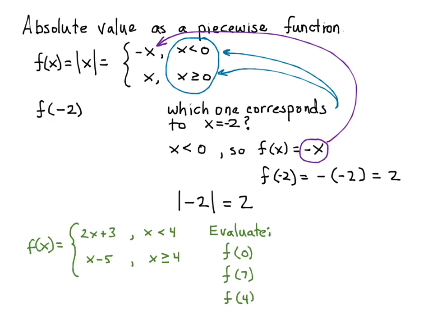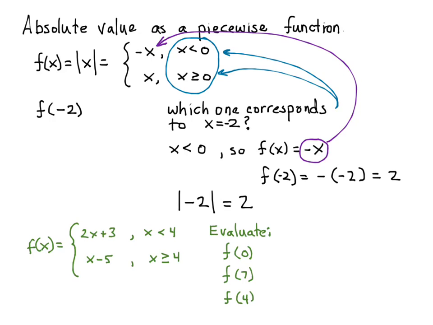Okay, so f at 7. What does f at 7 equal? Anybody? Yes? 17. It equals 17, you said? So tell me how you got to that. Well, 2 times 7 is 14, plus 3.